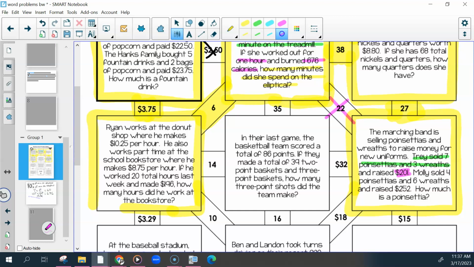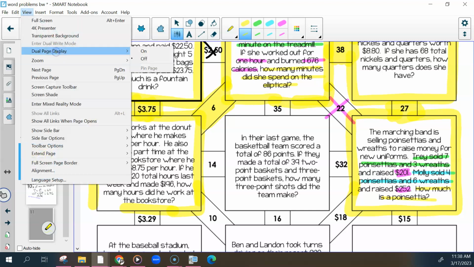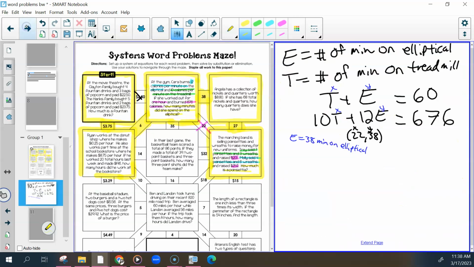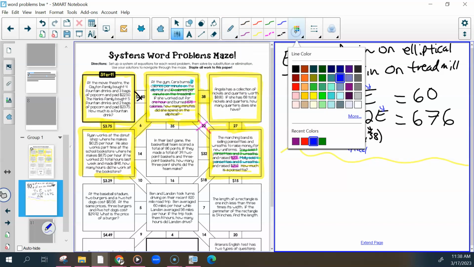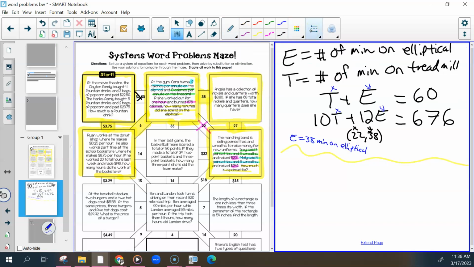Lily? And what are we looking for? So let's come up with two variables. Do whatever you want. Lily? Okay. P and W, what do those represent?